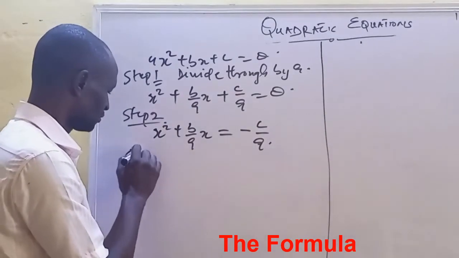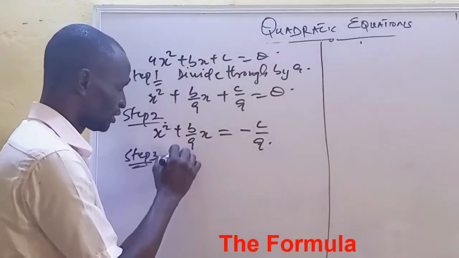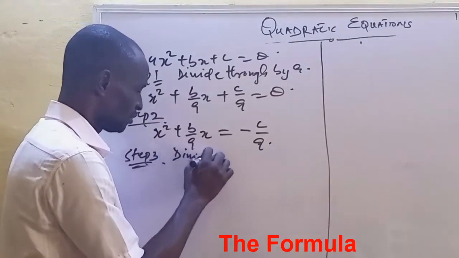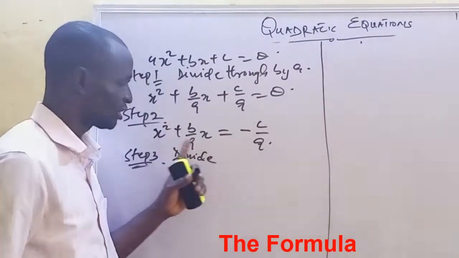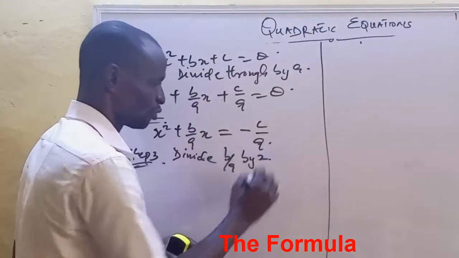Step 3, we are going to divide the coefficient of x, which is b over a, by 2.